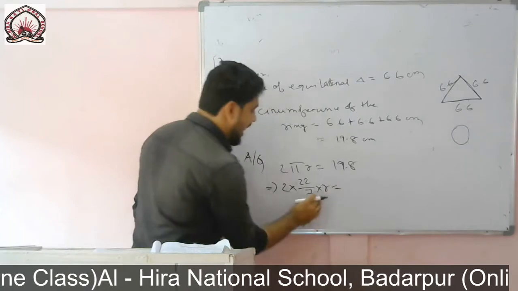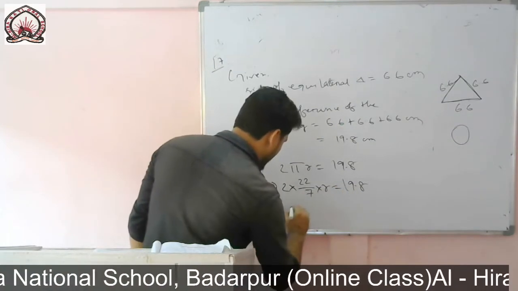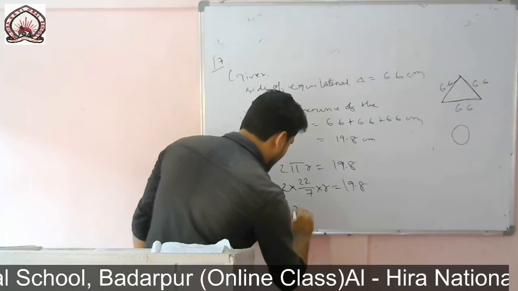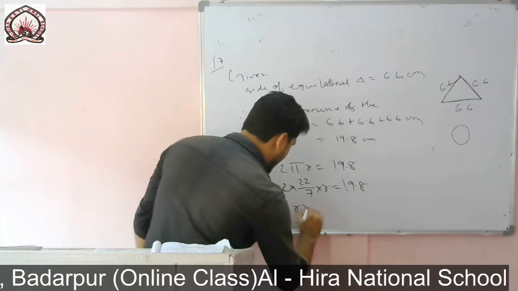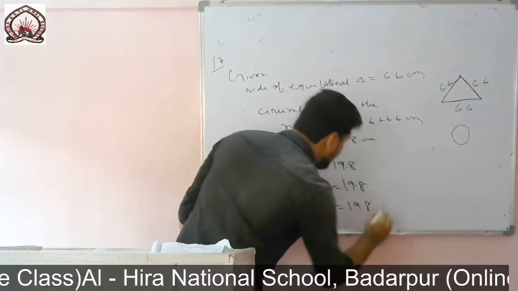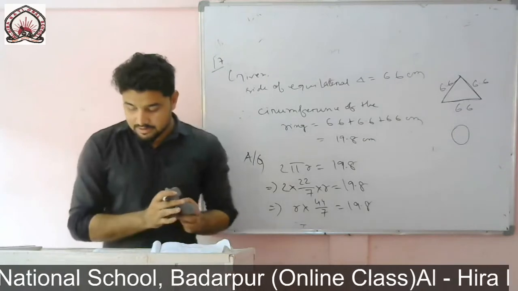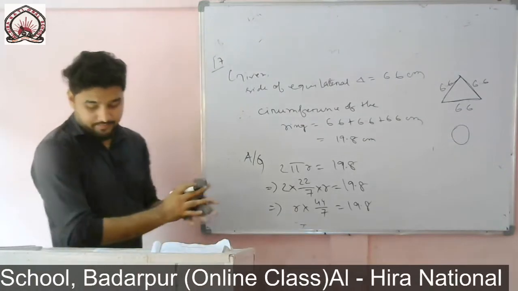We have to find r. So you'll get r into 44 by 7 equals 19.8.